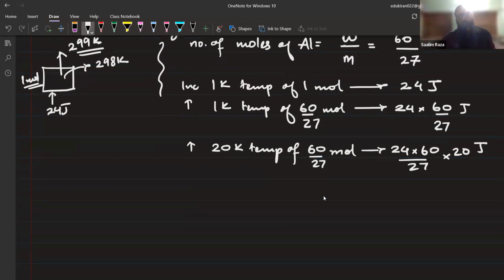Now you will multiply this. You will tell me the answer. How much are you getting approximately? 24 multiplied by 60 multiplied by 20 divided by 27. I forgot the answer.